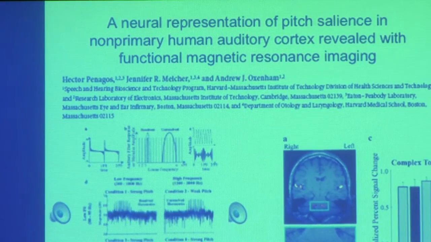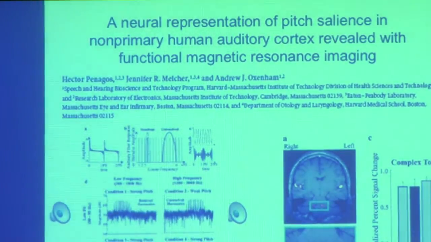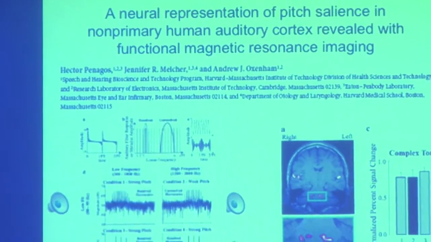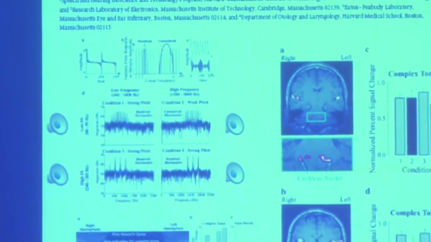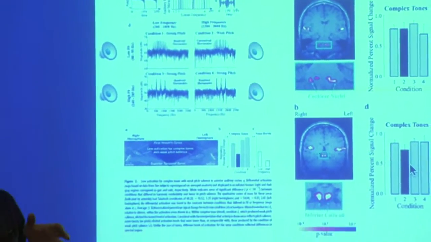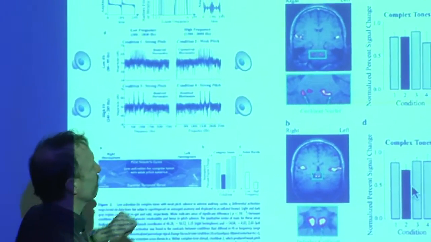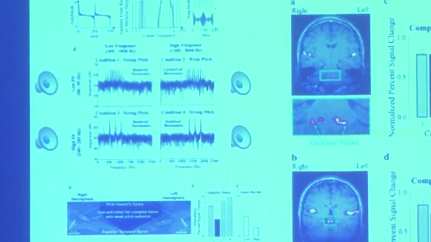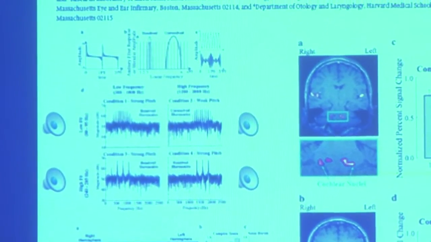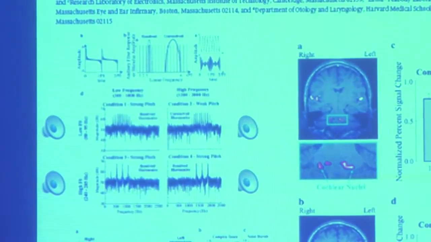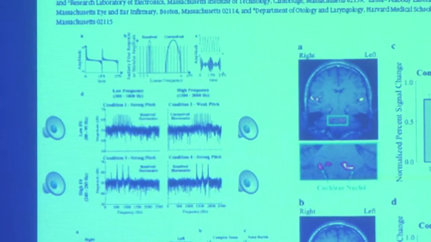And the cleverness of this study is that by clever filtering of this harmonic pattern, they can give you some stimuli that have really strong sensations of pitch, or in this one case, which I think is condition 2, a very weak sensation of pitch because of the particular harmonics they've chosen.